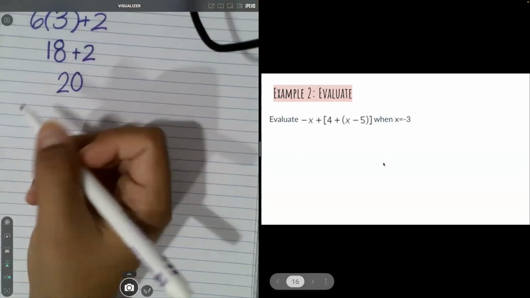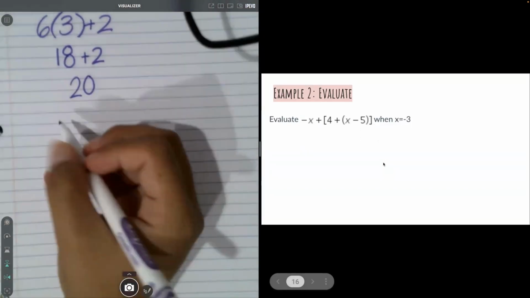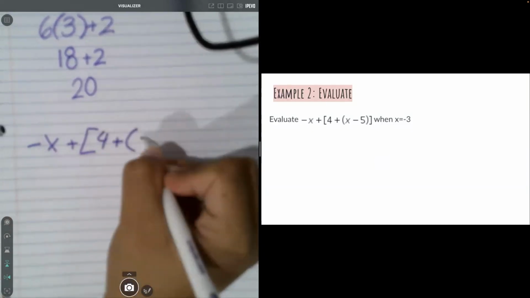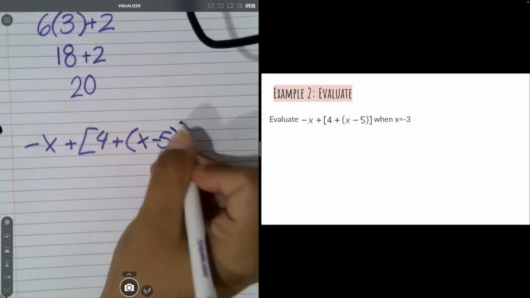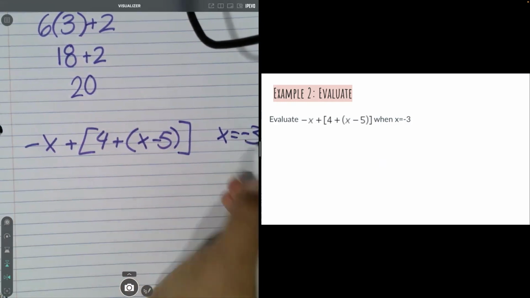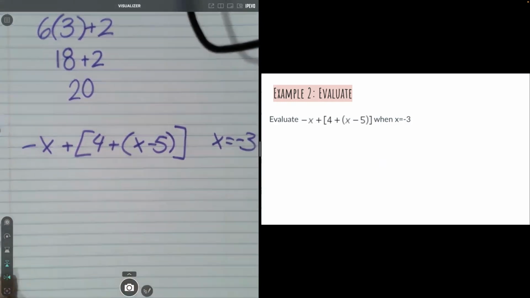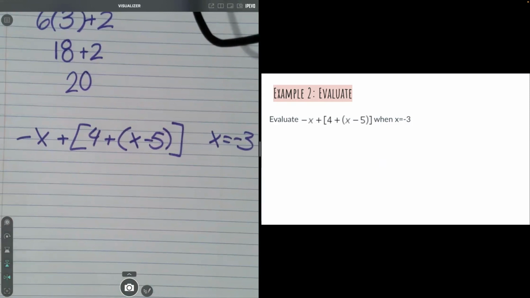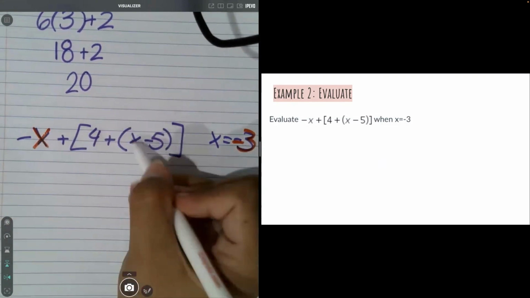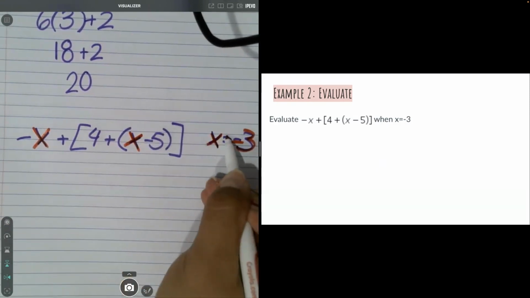Next one. These are just going to get a little more difficult each time. Evaluate negative x plus 4 plus x minus 5, parentheses, all in brackets, when x is equal to negative 3. This is when it gets really important to use parentheses for our variables. So I'm going to rewrite this, and I'm going to put that negative 3 or x in red so you guys can see the difference.